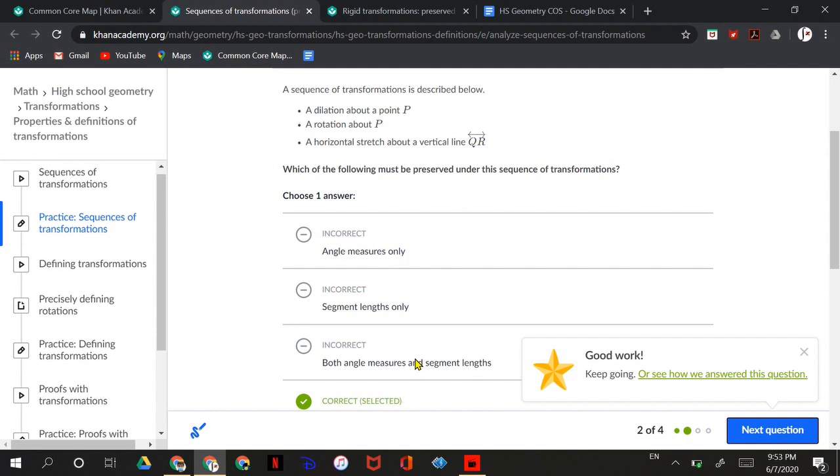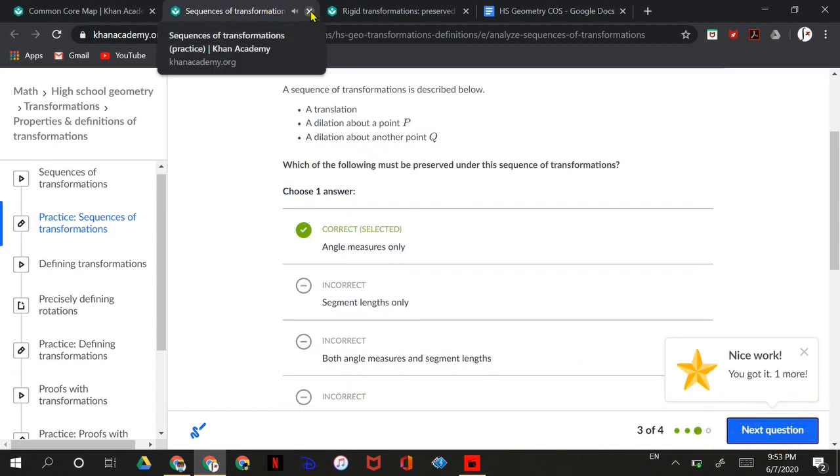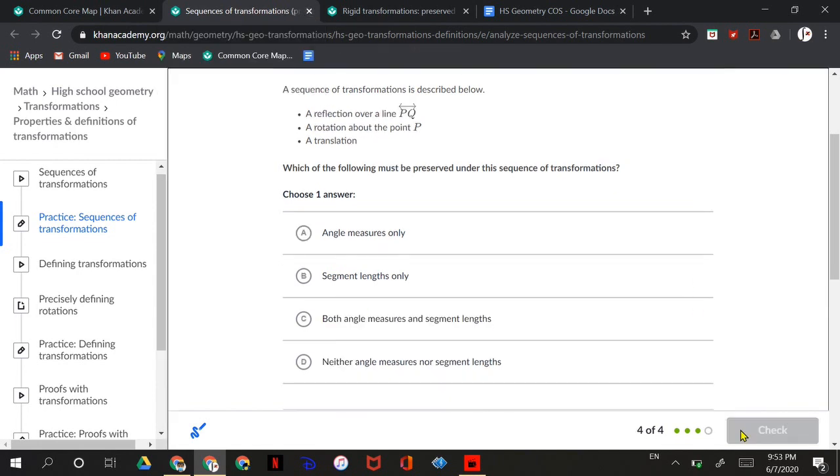Let's go. Translation, dilation. Which of these must be preserved? Angle, because a dilation is not rigid. A rigid transformation. Okay, a reflection, rotation, and translation. That would be both. They're all rigid.